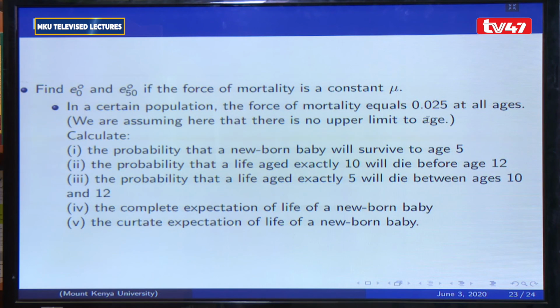So the other cases that we shall look at will involve those other assumptions, and we will also look at the select life. This is under select life in actuarial tables and many others. So I'd like us to stop at that, and thank you for your listening.